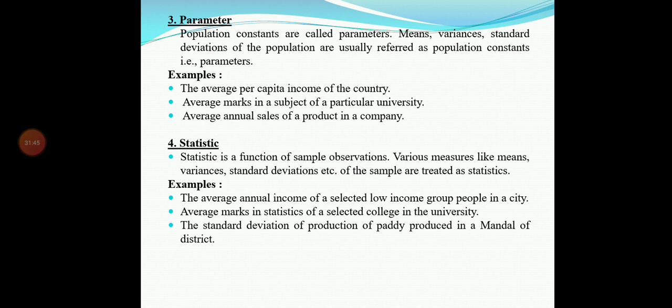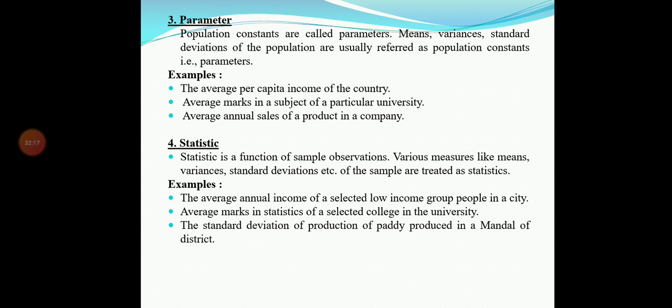We'll see the examples. The average per capita income of the country, that is a fixed value. It is one particular fixed value at a particular point of time. So it is a parameter. Average marks in a subject, that is, if you want to know the efficiency, we calculate average marks of the students studying in a particular university.